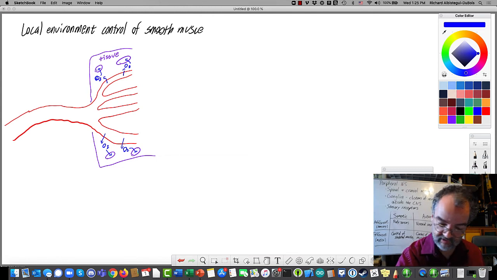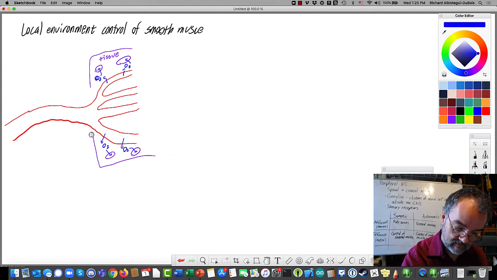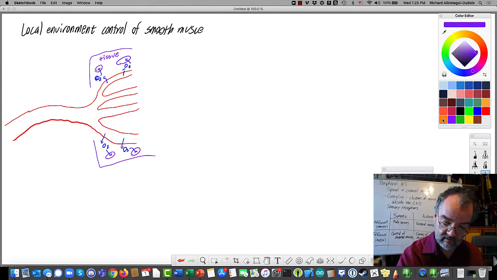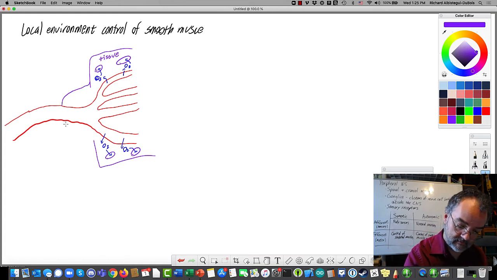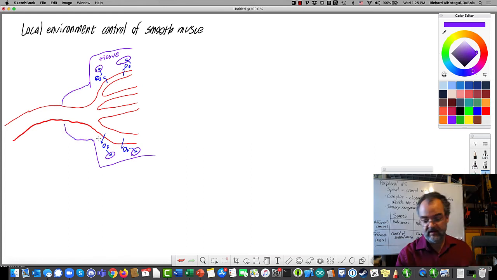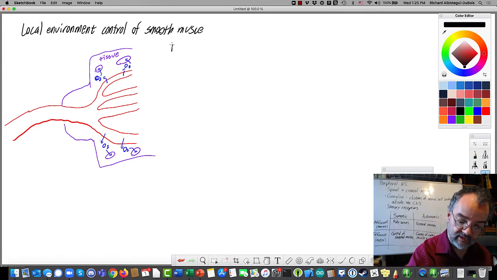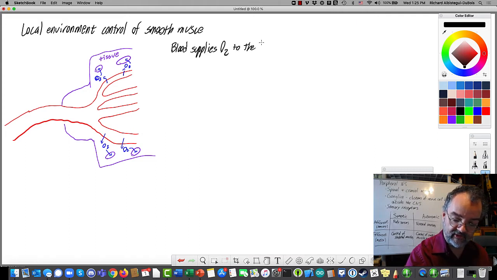So I'm going to make one small change here. So the blood supplies oxygen to the extracellular fluid, and the cells get oxygen from the extracellular fluid.